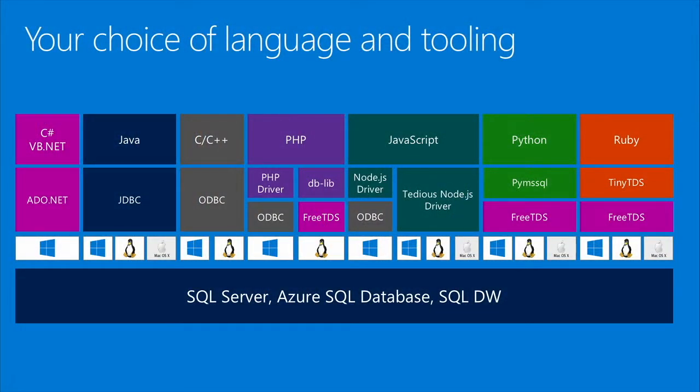Yeah, that's great. When it comes to JavaScript, again, we have an ODBC driver with a Node.js driver on top of that. On a Windows platform you could use that stack to write JavaScript against SQL Server. We also see a lot of use of TDS, which is a full stack implementation in JavaScript, runs on Windows, Linux, as well as Mac.